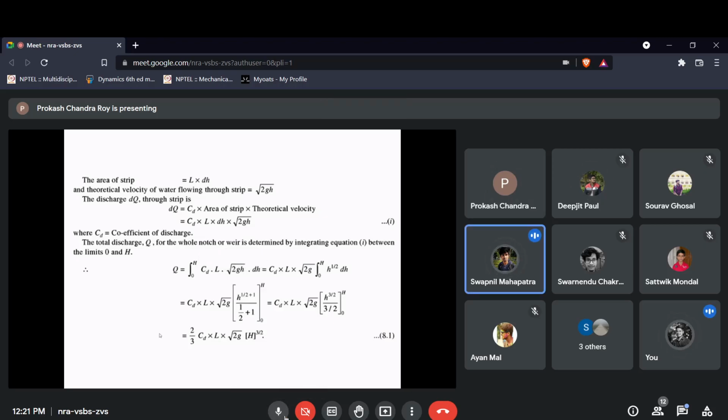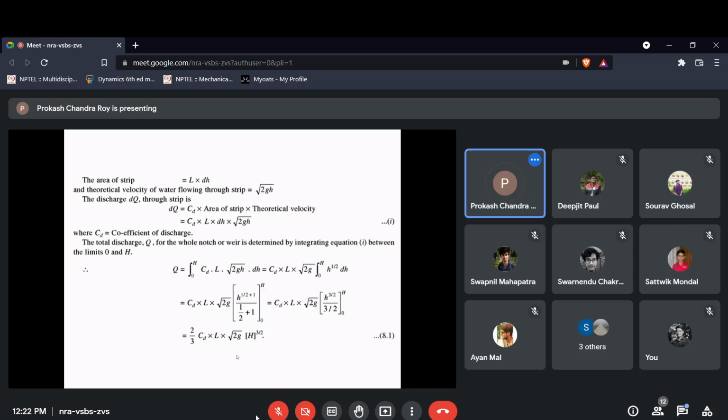Yes, sir. So here CD is a parameter that relates the two: without CD your relation gives the theoretical discharge, and multiplied with the coefficient you get the actual discharge. So it gives a relation between the actual discharge and the theoretical discharge. Using the formula you can calculate the theoretical discharge, and by multiplying with CD you get the actual discharge.